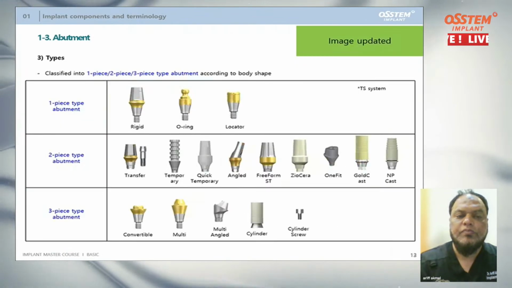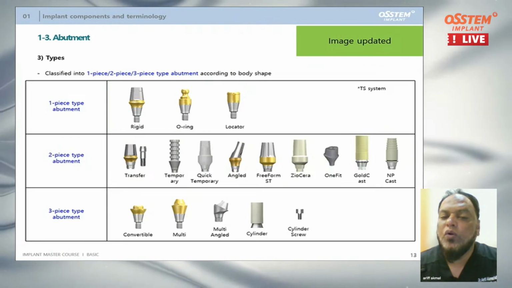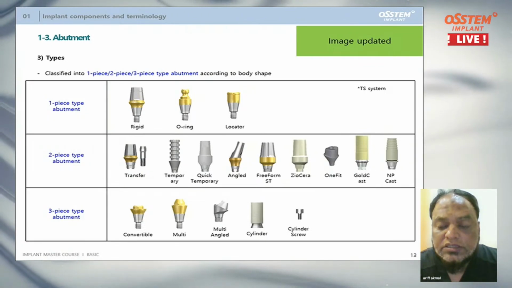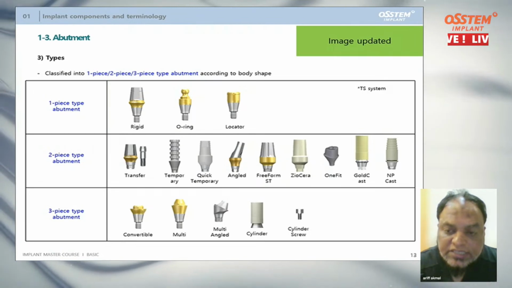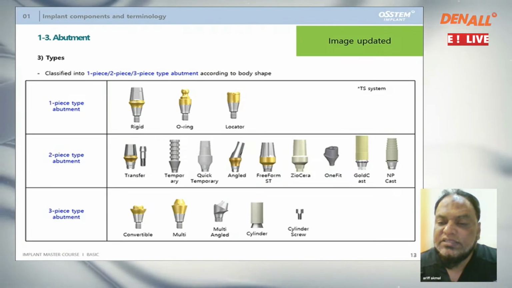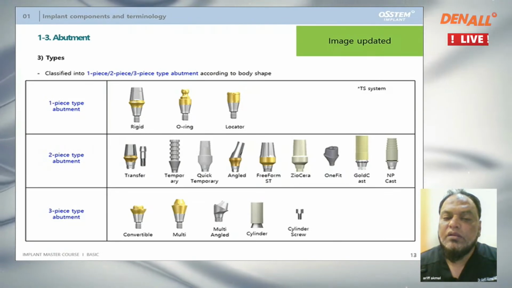So going further, we have the 1-piece rigid abutment, we have the O-ring, and then we have locators. What are these O-rings and locators? I know it is Greek and Latin for you, but once you start practicing implant dentistry and start using them, you will know the purpose of it.